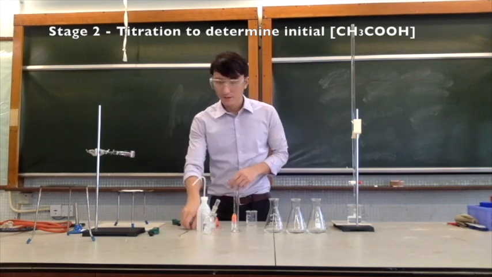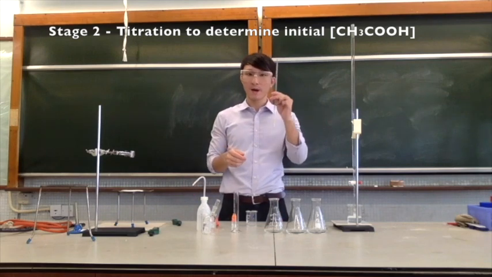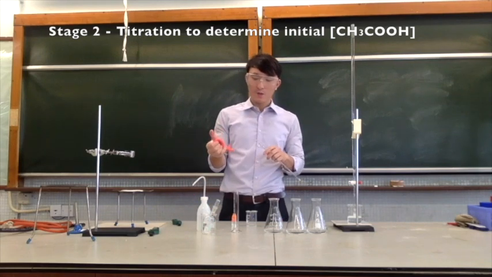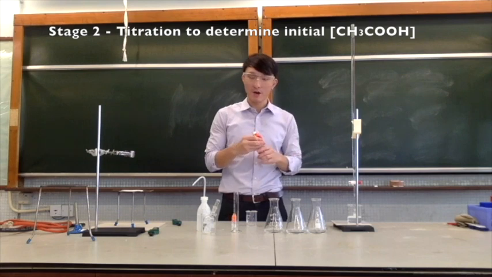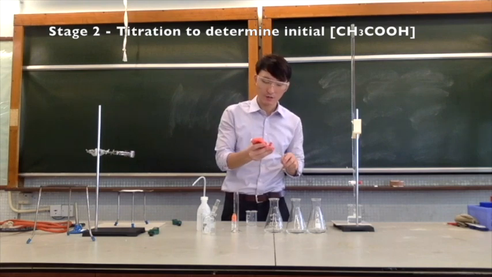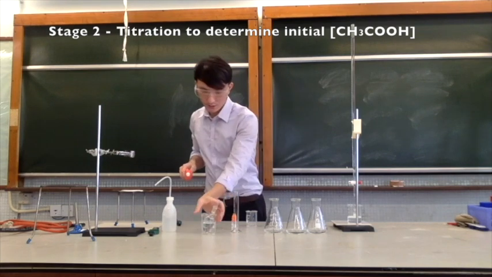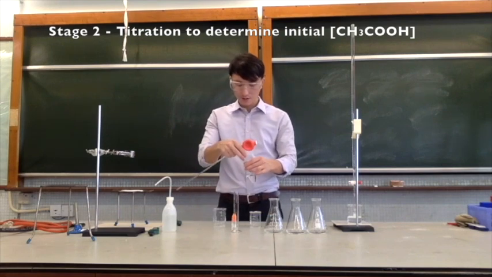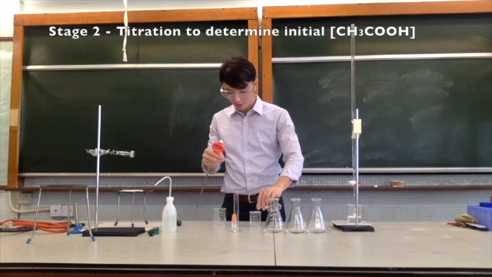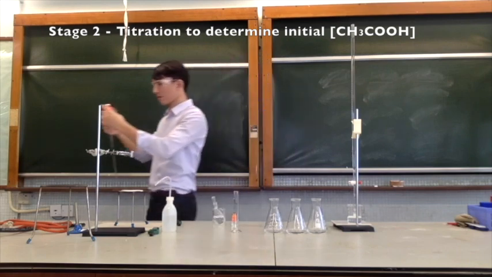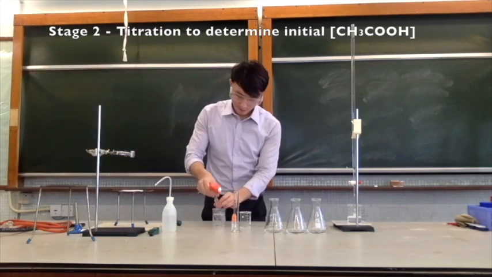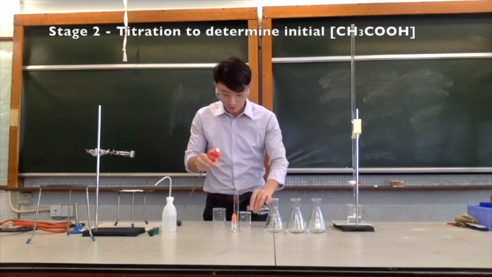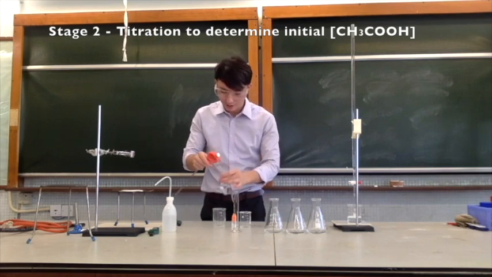And then, this time we are going to use our 1 ml pipette. What we're trying to do is to get 1 ml of the mixture into the conical flask for titration. Now pay attention, do not pour too much because we don't have a lot of mixture.